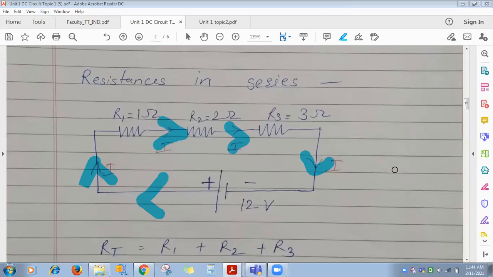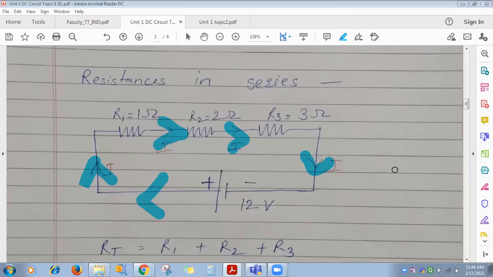Okay, sometimes when we check papers, what we observe is that even if the resistances are not in series, students say that they are in series and start to solve. Even if they are not in parallel, they still assume that they are in parallel and start solving. So they get 0 marks.